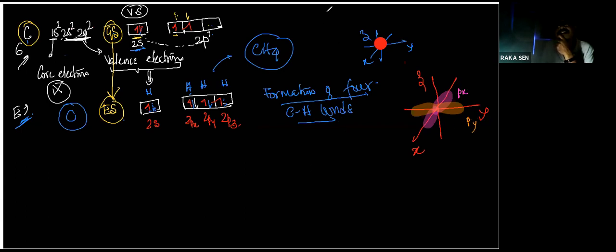And the third one will be in the Z direction, and you'll call it Pz. That means the Px orbital is perpendicular to the Py orbital, which is perpendicular to the Pz orbital. All of them are perpendicular to each other.